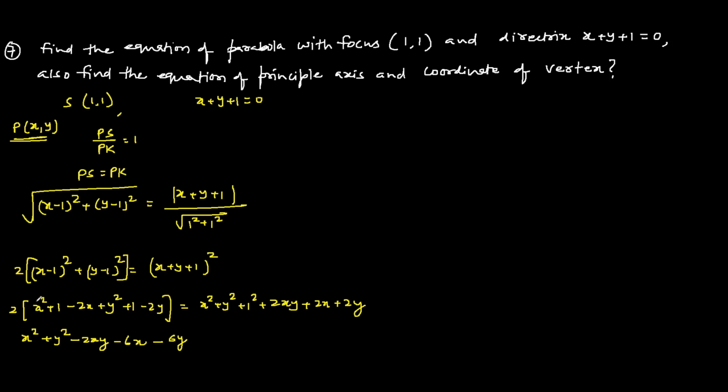And then 2 into 2 is 4, 4 - 1 is 3. This is the desired equation of the parabola: x² + y² - 2xy - 6x - 6y + 3 = 0.